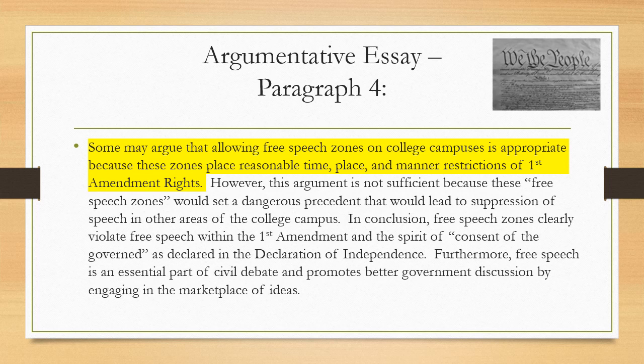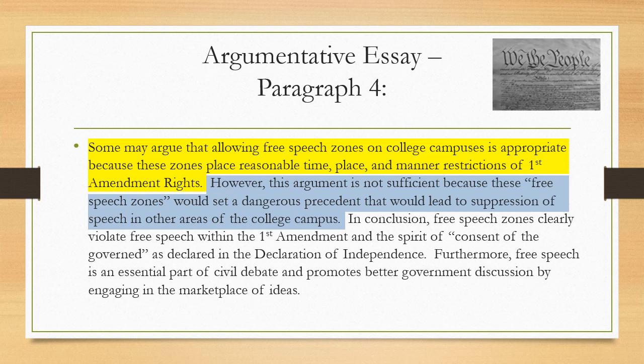But I want you guys to make sure you refute this. So then we move to the refute part of it. However, this argument is not sufficient because these free speech zones would set a dangerous precedent that would lead to suppression of speech in other areas of the college campus.